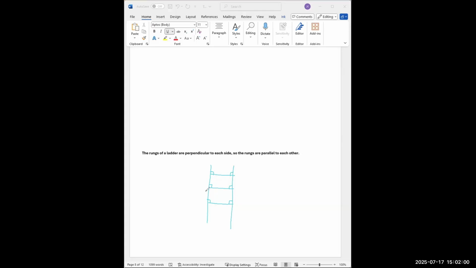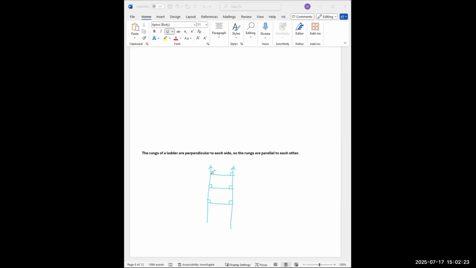Well, if we think about our traversals, we can think about the rungs as being traversals. The sides of the ladder we know are parallel. And then we can think of this being a traversal.